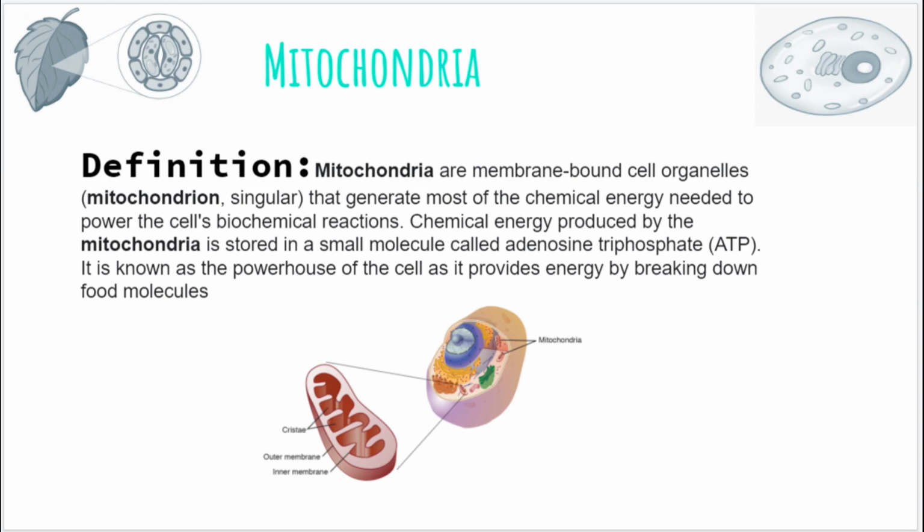The food is digested by our digestive system and absorbed inside the body. It is passed by the blood vessels to different parts of the body. The food molecules, which are very small in nature, after the digestion of the food molecules, enter the cell and they are able to enter the mitochondria.